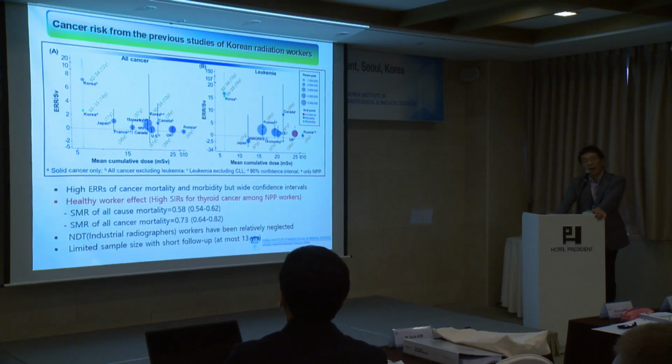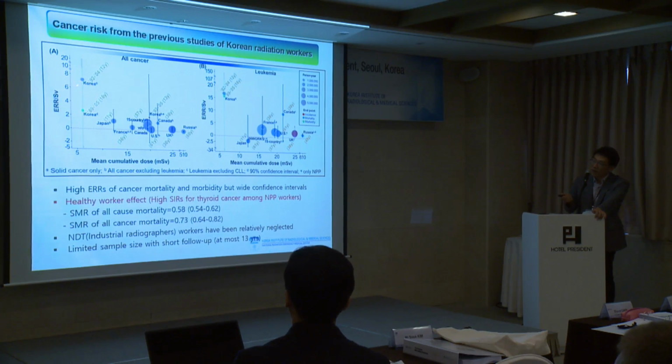Previously in Korea, a few epidemiology studies were conducted, but there are large confidence intervals. This is Korea, and these are other studies. The confidence intervals are large and the sample size is quite a bit smaller than in other studies. And also, we focused mainly on cancer risk. So we still need to follow up and collect a larger sample size.